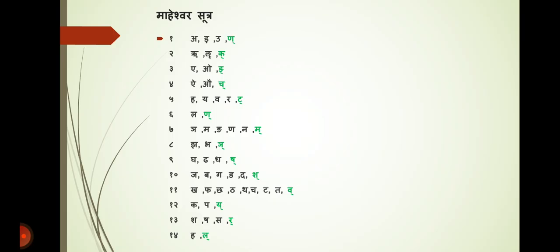So it is different. It is not difficult. The only thing is we don't know such type of arrangement. So these are the 14 sutras in which all the alphabets, swar as well as vyanjan, vowels as well as consonants, all these are arranged. So this is the first thing we need to know while starting to study the Sanskrit language. Now as you can see the title, Maheshwar Sutra.